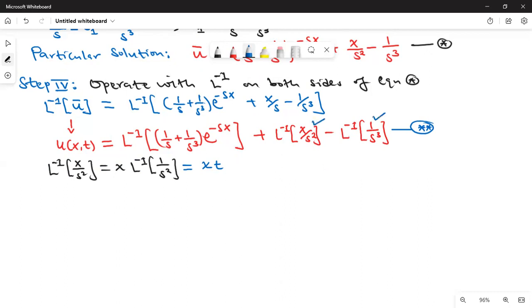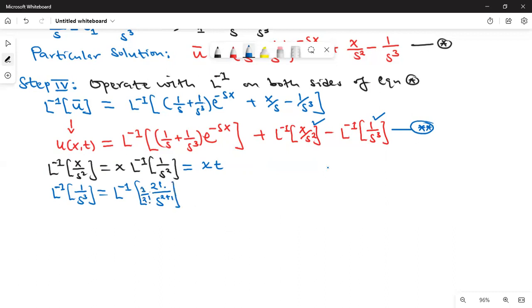Let's also get the third term, L inverse of 1 over S cubed, which can be written as L inverse of 2 factorial over S to the power 2 plus 1, times 1 over 2 factorial.